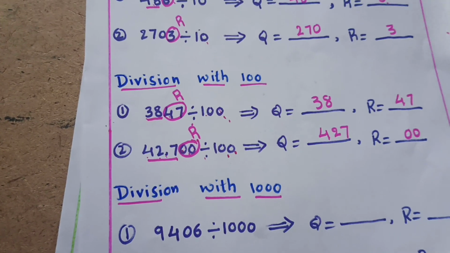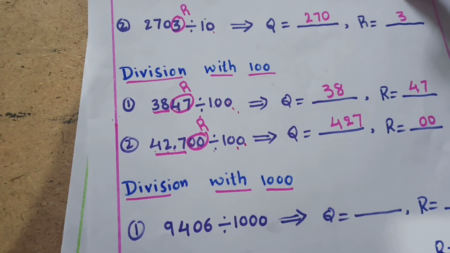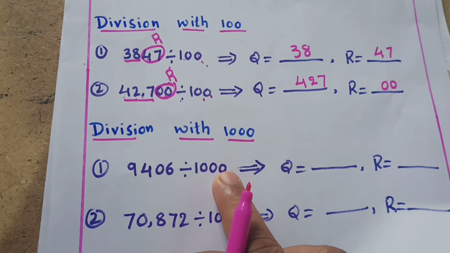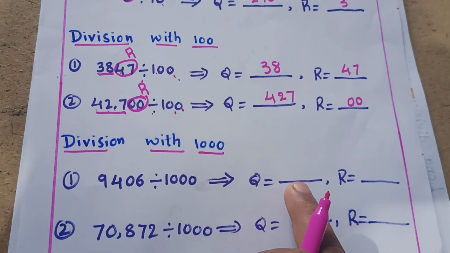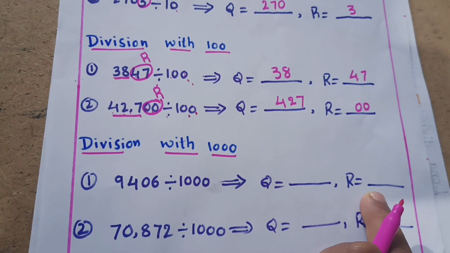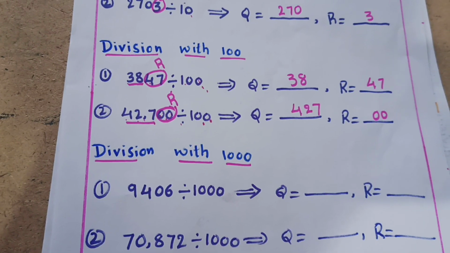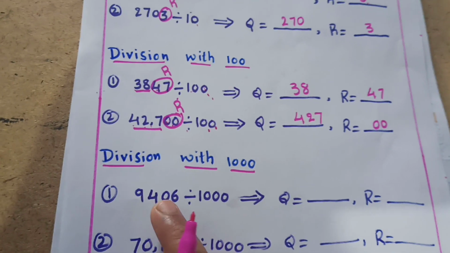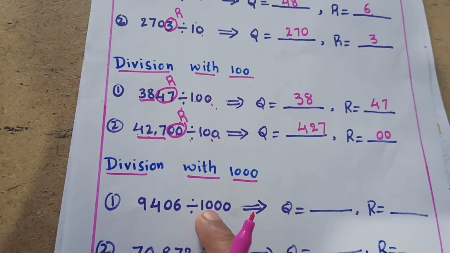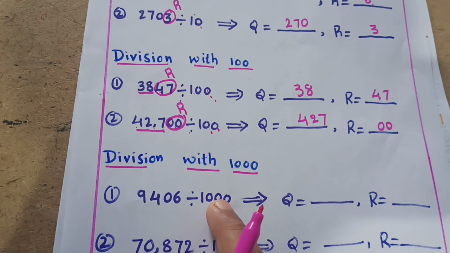427. Now, division with 1000. When a number is divided by 1000, we can write the quotient and remainder without actual division. See how many zeros are there in the divisor. In this problem, this is the dividend, this is the divisor. How many zeros are there? 1, 2, 3 zeros are there. In 1000, 3 zeros are there.